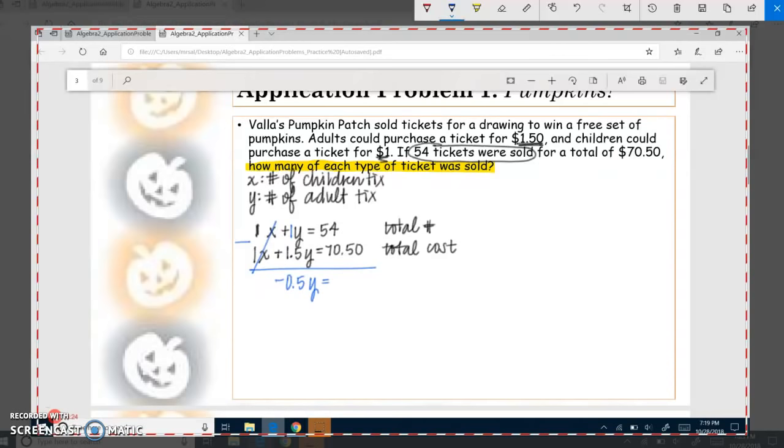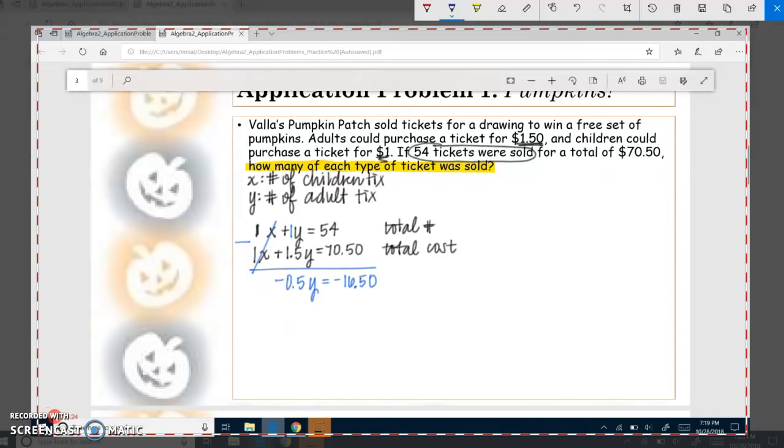Then I have 54 minus 70.50. So that's the next subtraction step that we need to perform. So 54 minus 70.50 means that I'm going to have negative 16.50 over on this side.